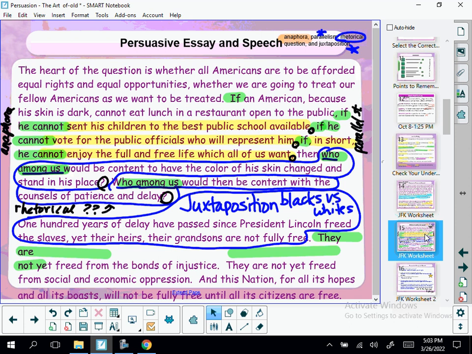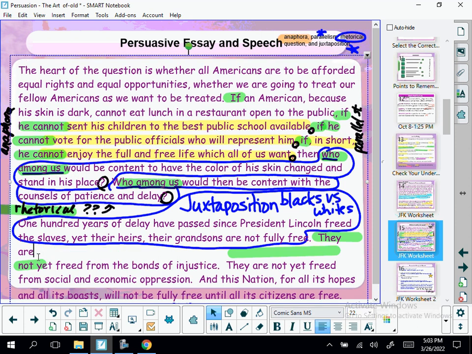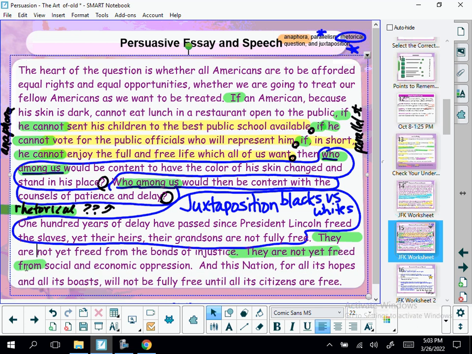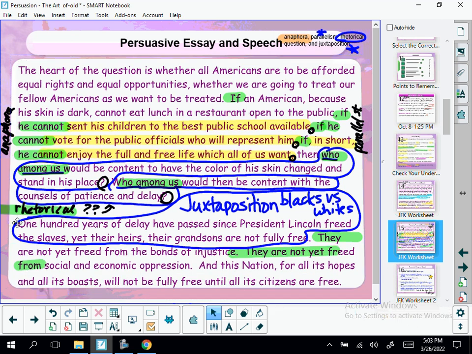So we're going to go back and take a look, like we said. Whoops, it looks like it slid things down here. There we go. So look at the sentence that had all the ifs in there. "If," the anaphora. But then the parallelism: "if he cannot send his, if he cannot."